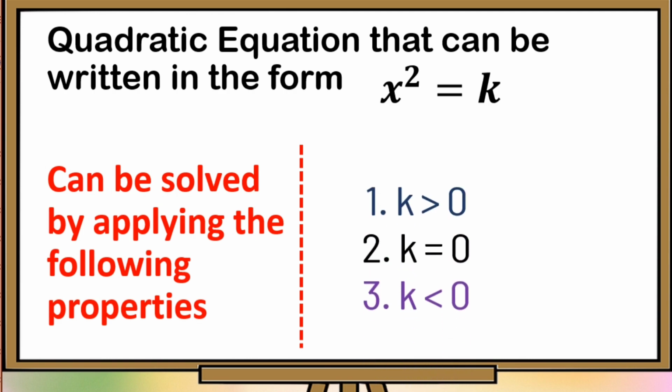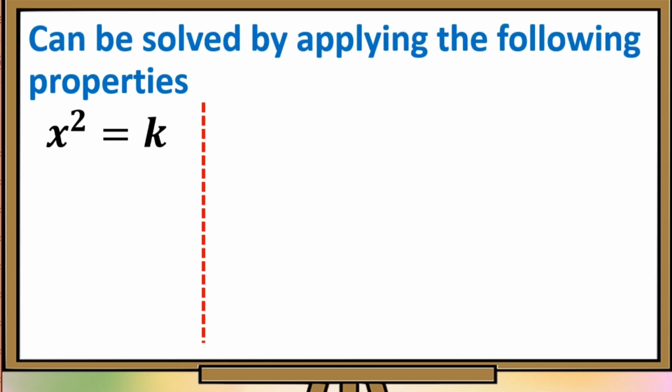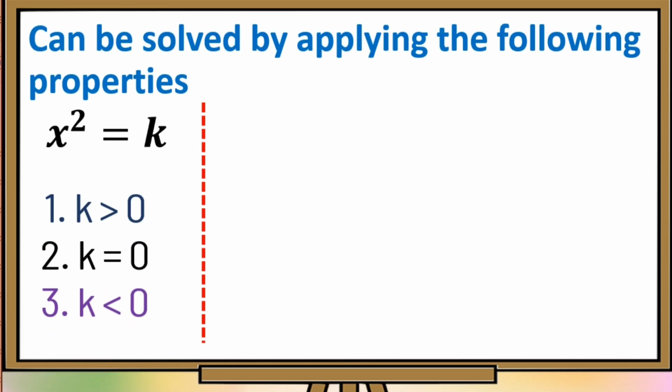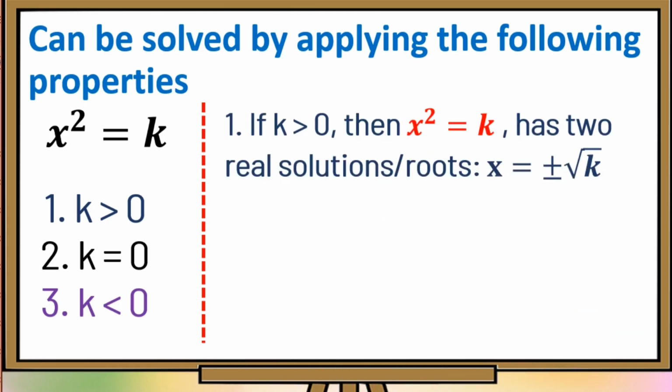Number 1, if k is greater than 0, then x squared equals k has two real solutions or roots, where x equals positive or negative square root of k.